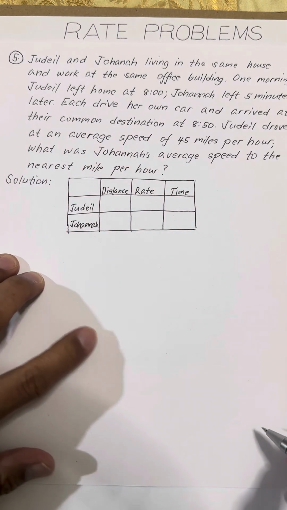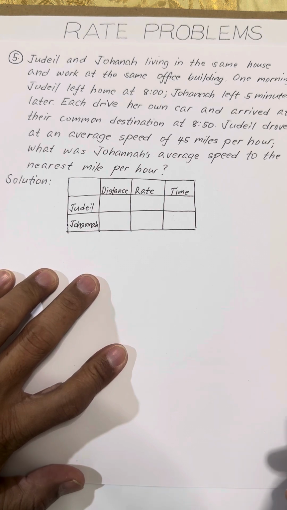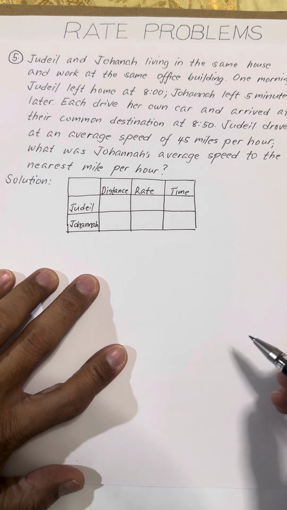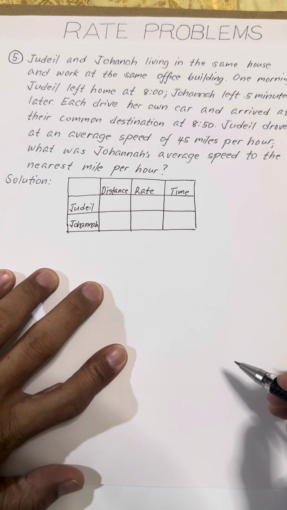Okay, then let's read the problem once more and find out what the givens are. It says Judel and Johanna live in the same house and work at the same office building. One morning, Judel left home at 8. Johanna left 5 minutes later. Each drove her own car and arrived at their common destination at 8:50.